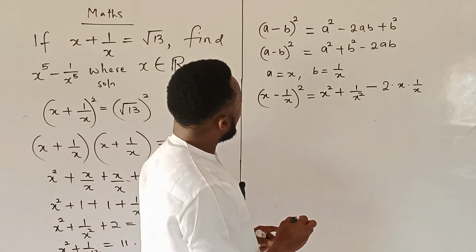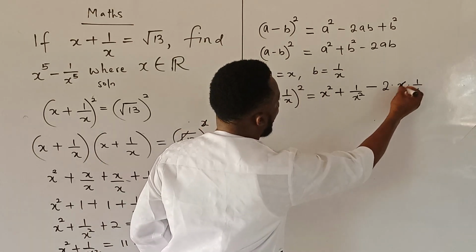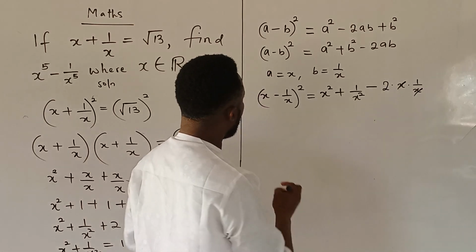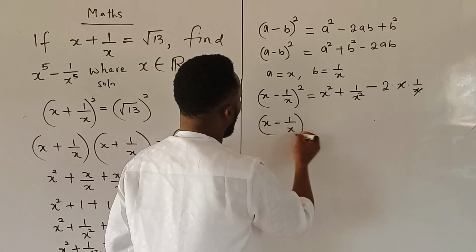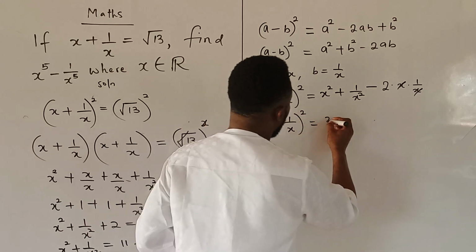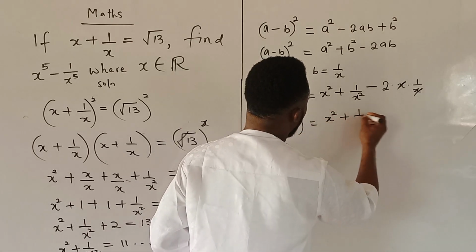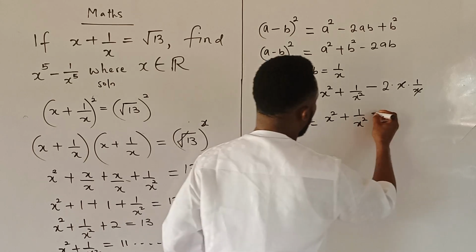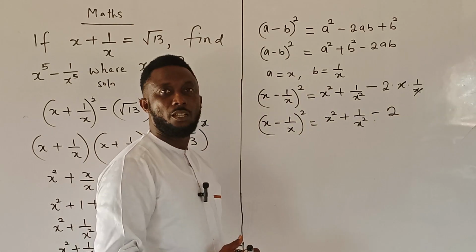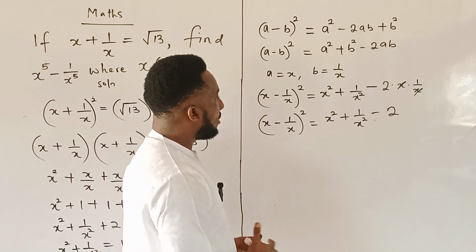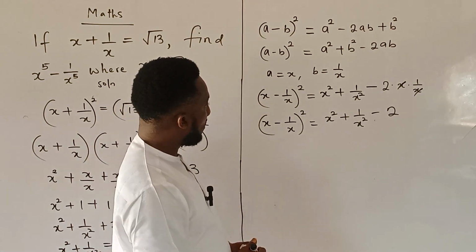So as you can see clearly, as we cancel out s here, we only have 2 left there. So we now have s minus 1 upon s all squared becomes s squared plus 1 upon s squared minus 2. So you can see the creativity and the logical thinking we are putting into this problem.